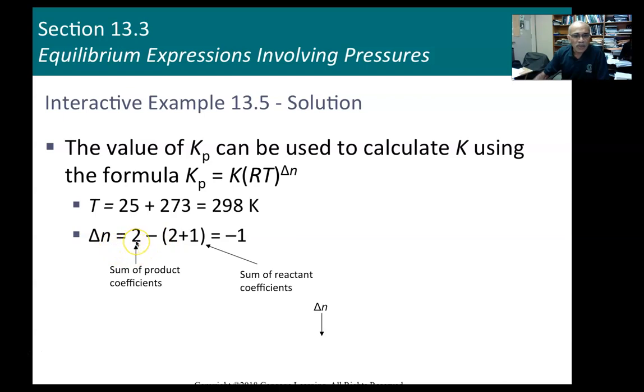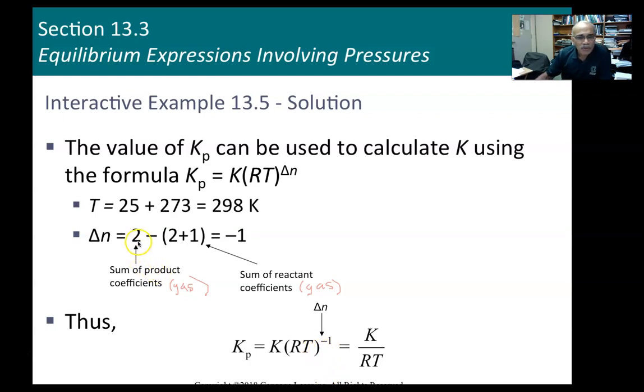Now, what is the delta n? 2 minus 2 plus 1. The sum of the coefficients of the products in the gas state, it must be the gas, and the sum of the coefficients of the reactants in the gas form as well. Okay, so that is 2 minus 2 plus 1, that will give you minus 1.